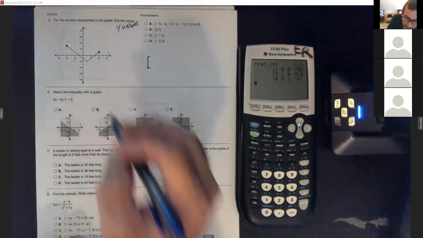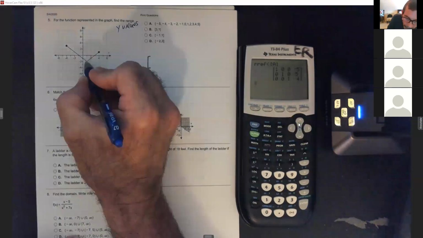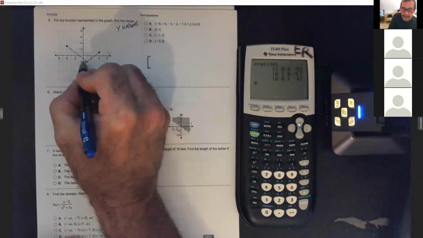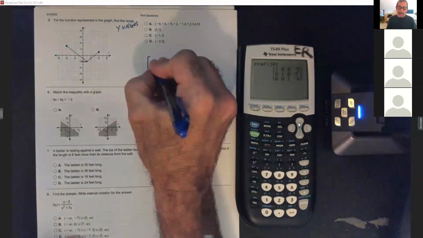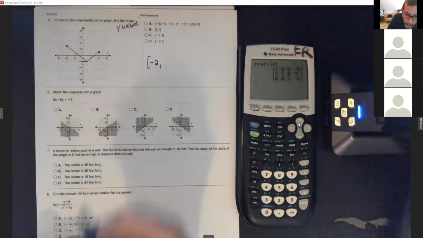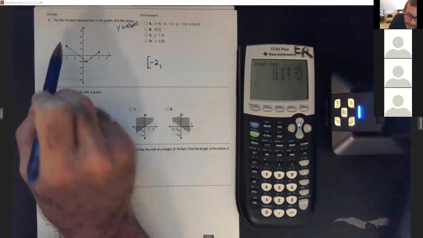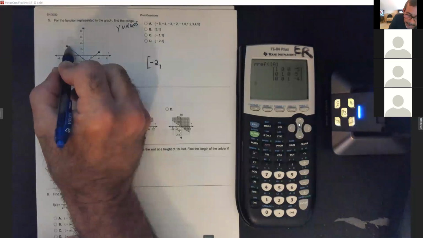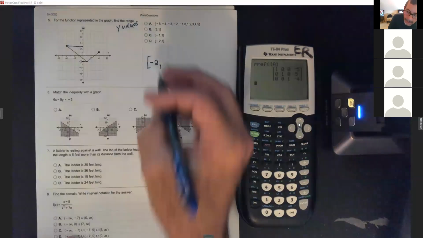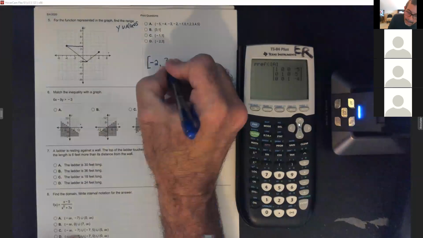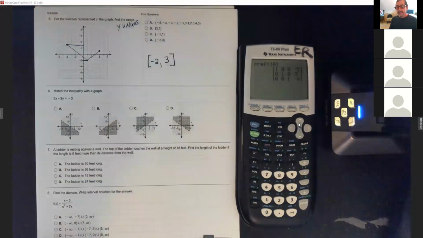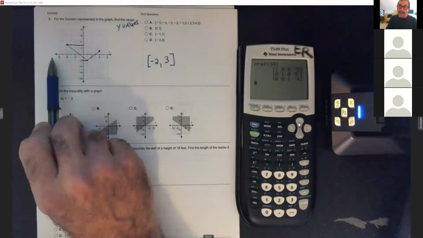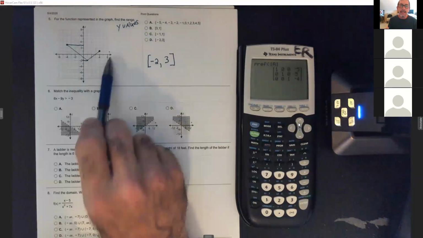So here's the smallest point on the graph, and I need to go over here and see what that Y value is, and that looks like it's at a -2. And then let's see, this point is the highest. So at this point, I need to go over here and see that Y value, and that would be a 3. Close my brackets and be done. So a lot of people put the X values for the range, but remember the X values are the domain.